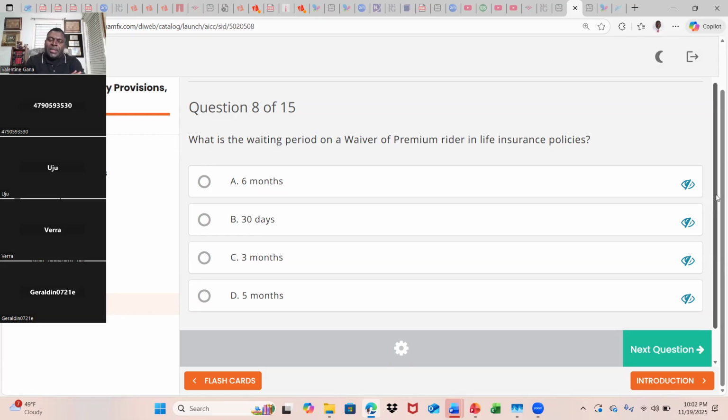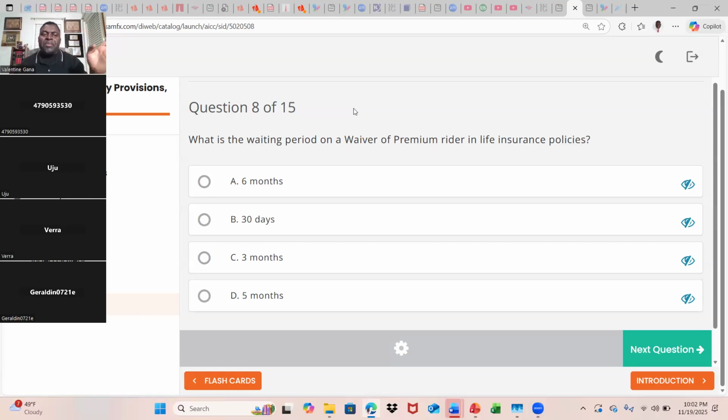B is a little off. Remember that when a policy has a waiver of premium rider, if the payer becomes disabled, the waiting period is always 6 months.